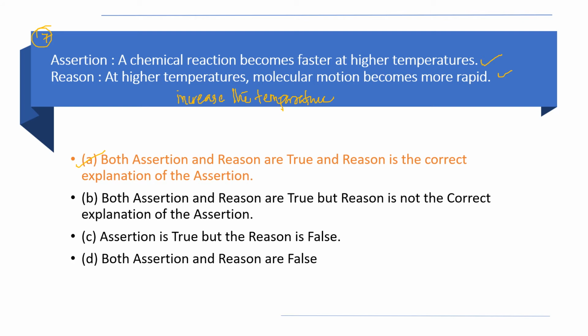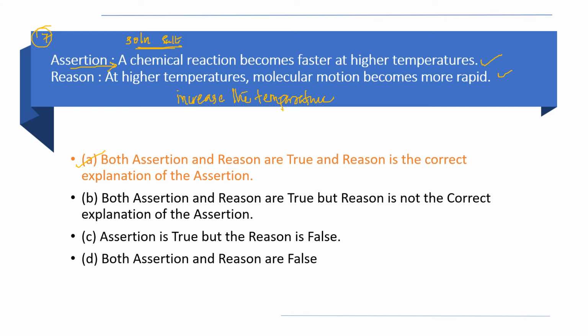So I will tell you something. I'm giving you an example for this statement: a chemical reaction becomes faster at a higher temperature. For example, suppose you are going to prepare a salt solution.